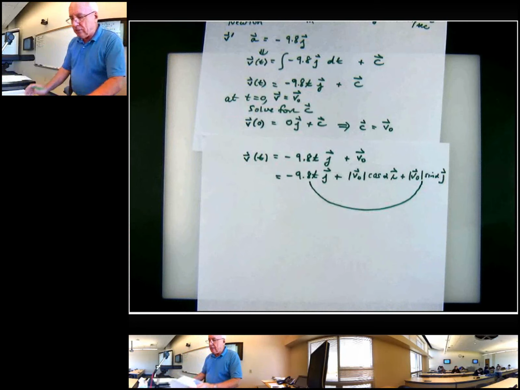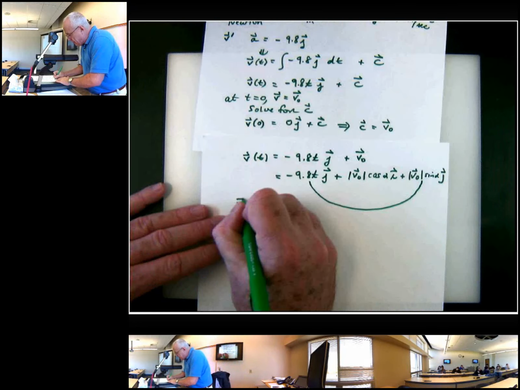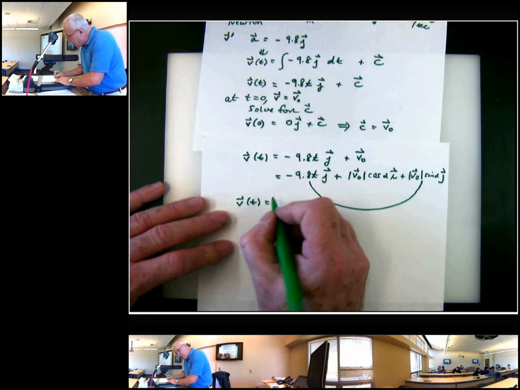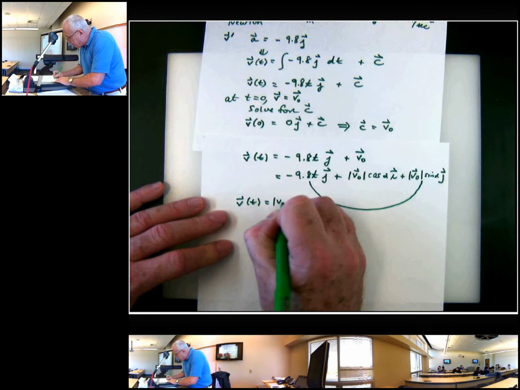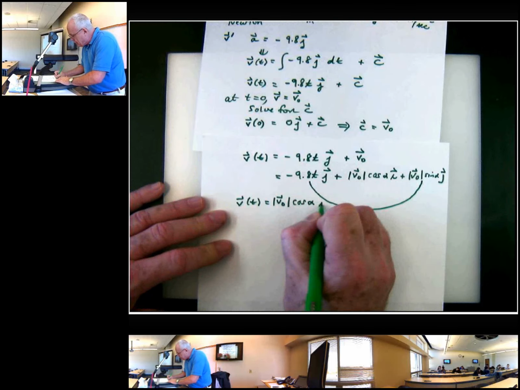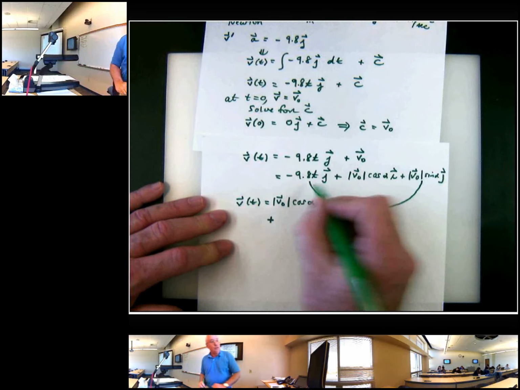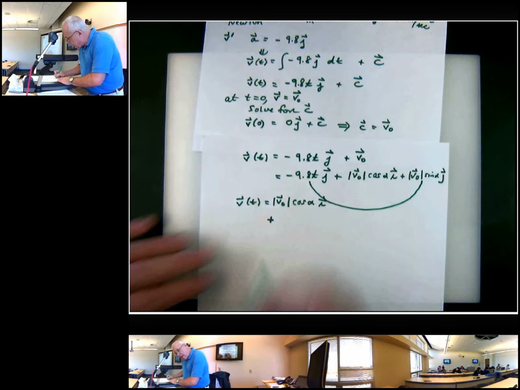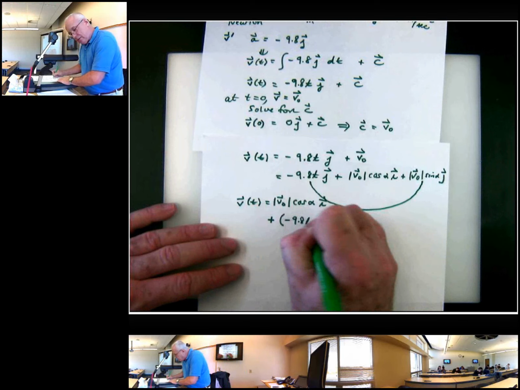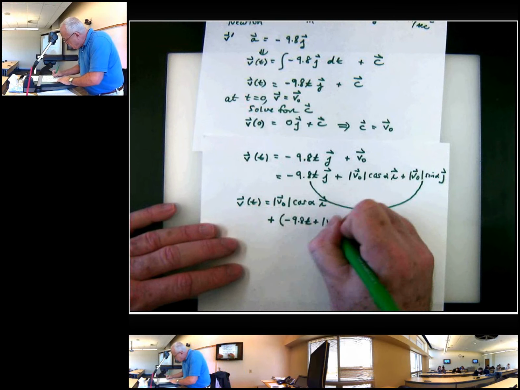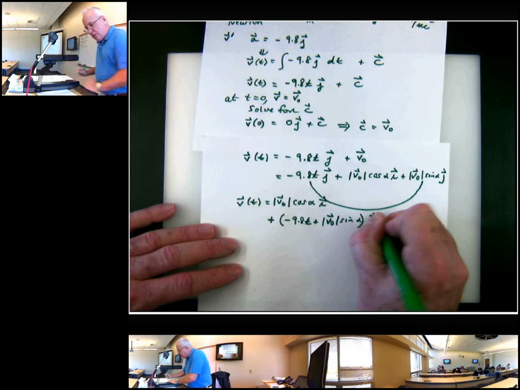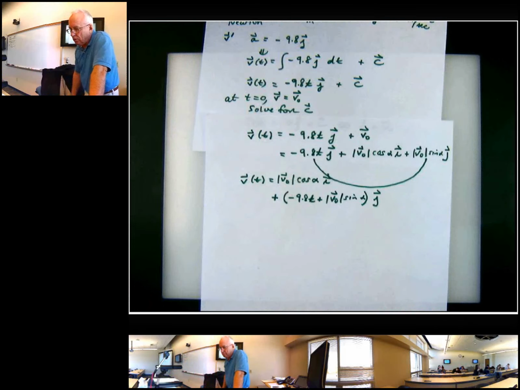My velocity vector is equal to, let's put the I vector first, the speed, which is the magnitude of v naught, times the cosine of alpha times the I vector, plus, and now combining the two j components, in parentheses, minus 9.8 t plus the magnitude of v naught, the initial speed, times the sine of alpha, and that's all multiplying my j vector.